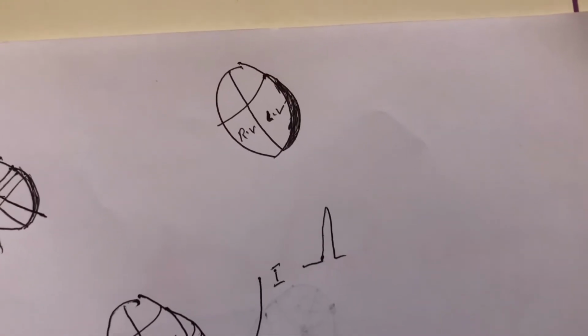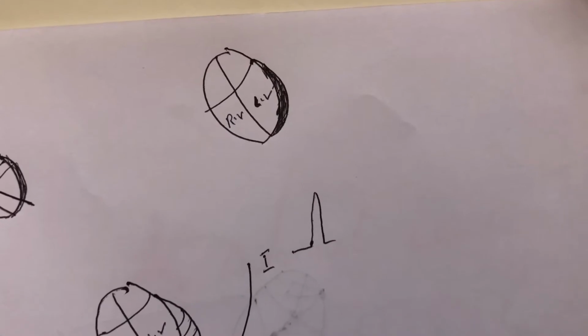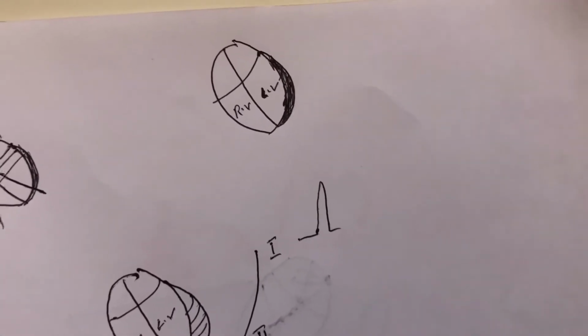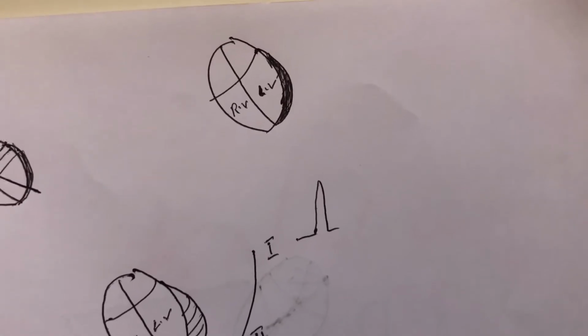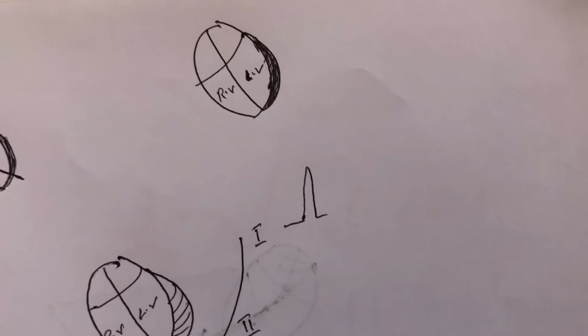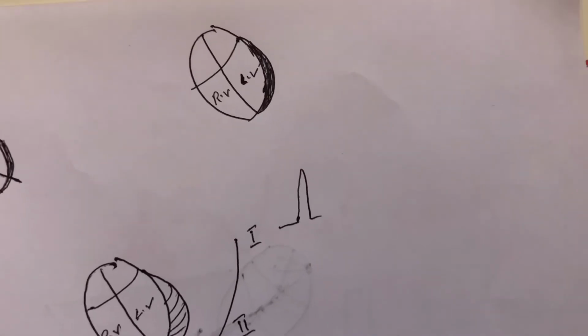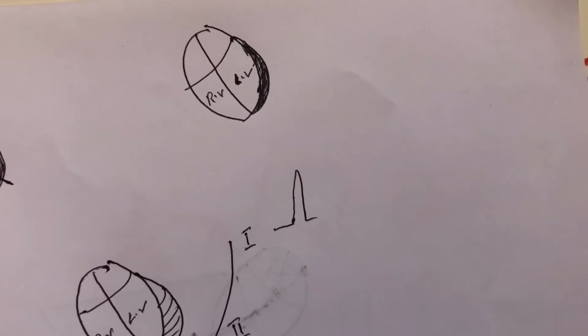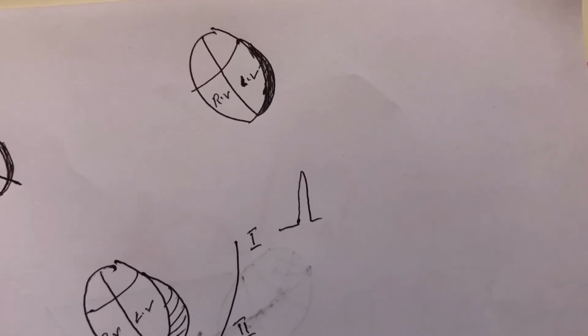Before jumping to the axis and axis deviation, there is one more point we need to understand: the mass of the left ventricle is greater than the mass of the right ventricle physiologically. It's just because the right ventricle pumps to a low pressure system and the left ventricle pumps to a high pressure system.